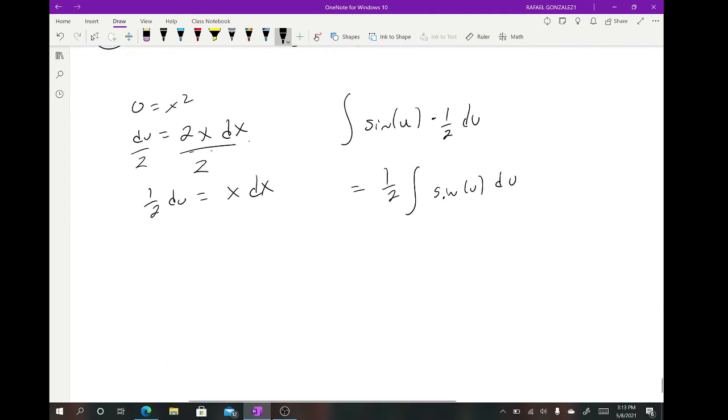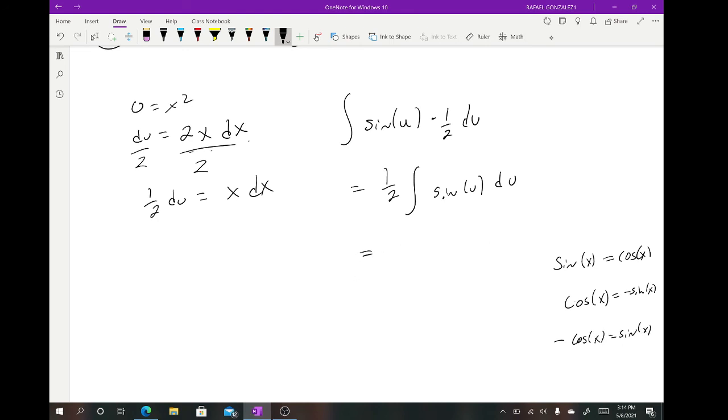Remember, the antiderivative of sine is negative cosine. Let's just remind ourselves of this. The derivative of sine is cosine of x. The derivative of cosine of x is negative sine of x. So the derivative of negative cosine of x is positive sine of x.